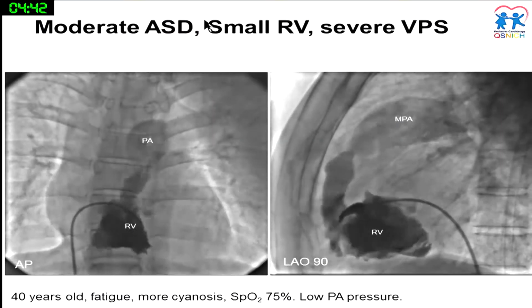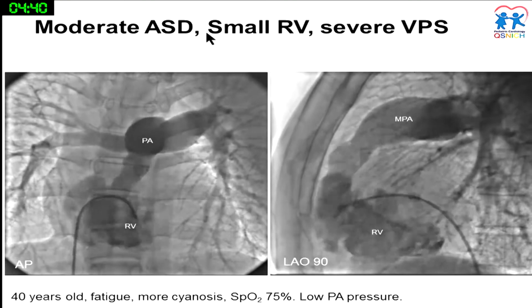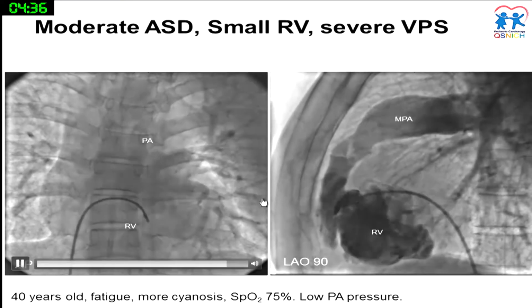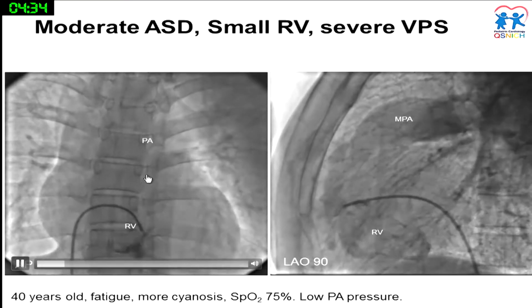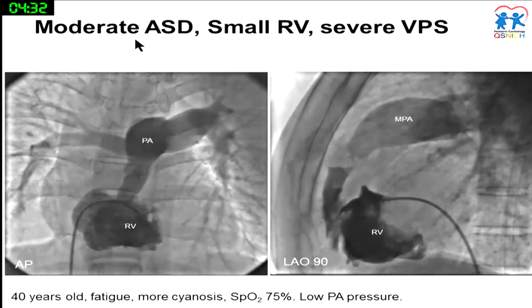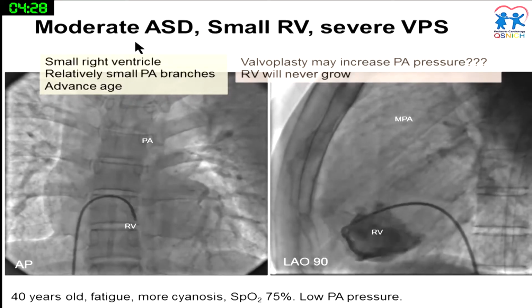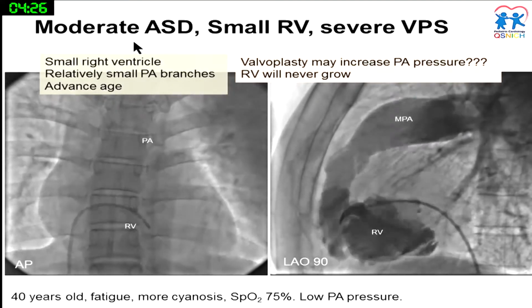Or sometimes in my country, we're still dealing with a very hypoplastic right ventricle, 40 years old, and very severe obstruction of the pulmonary valve. So definitely with this patient, we can't improve the RV size because she's 40. So we have to think what should we do.